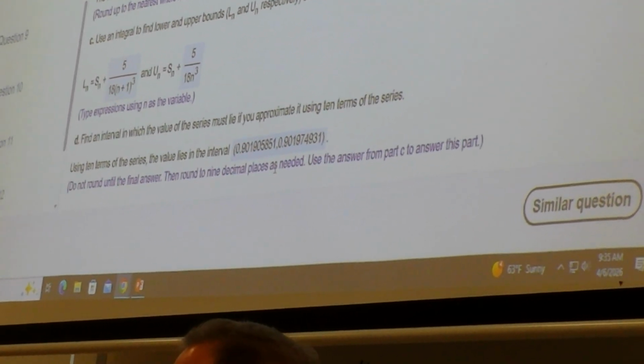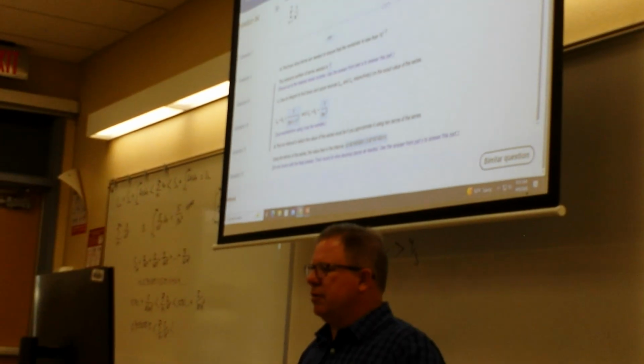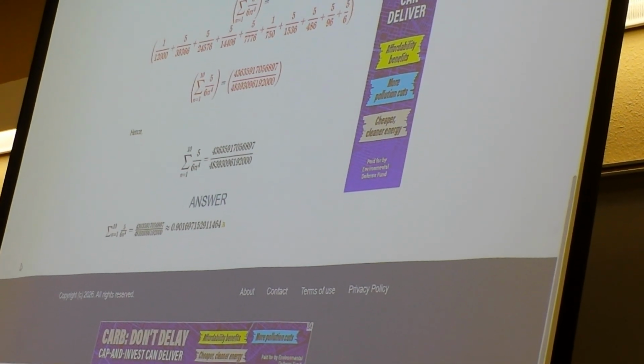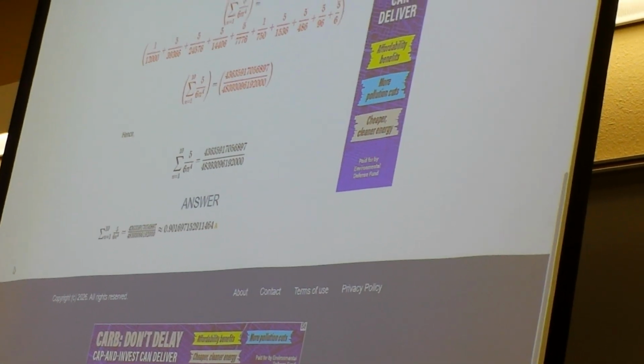All right? Can you go back to the calculator? Yeah. Just go back to the final. But if you rounded wrong, that's a 4 after the 1, isn't it?